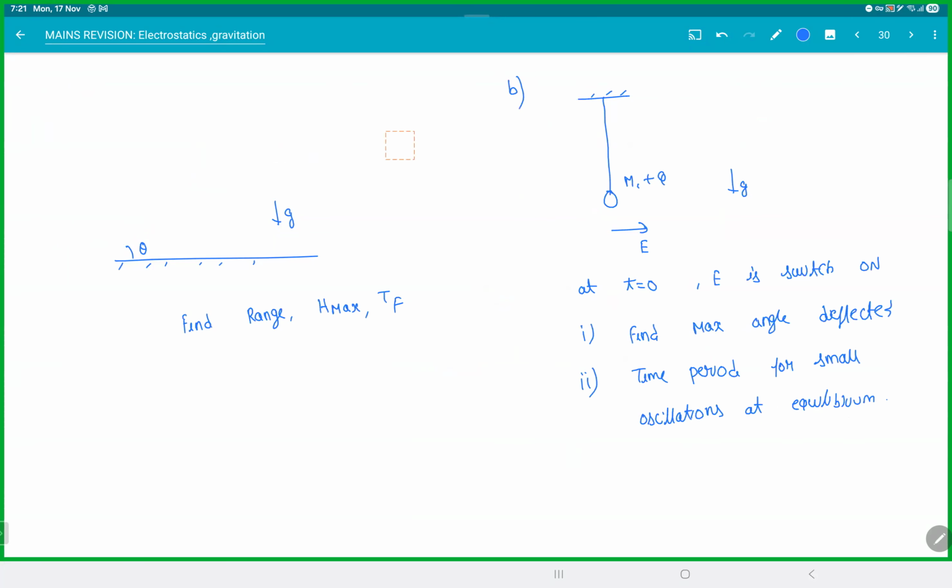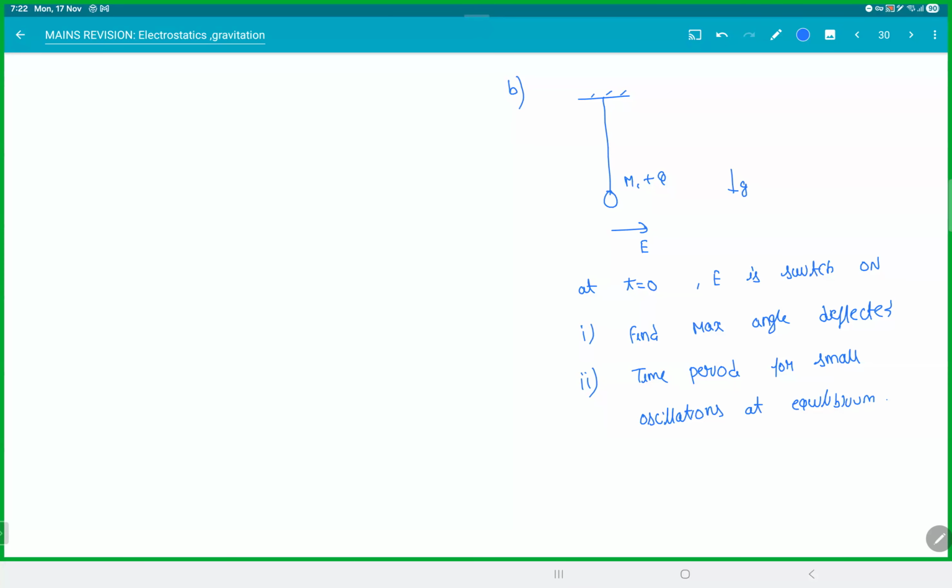What about this pendulum thing? This is a good one. One of the most common mistakes here is that people think the maximum angle is the equilibrium angle.